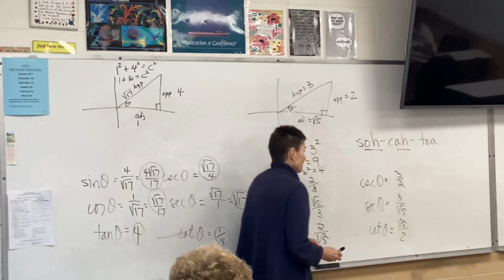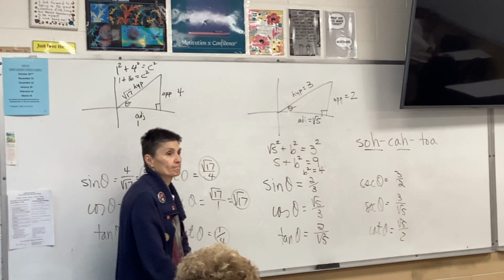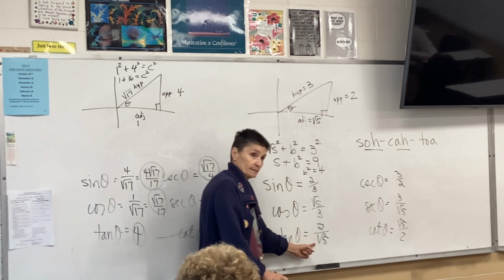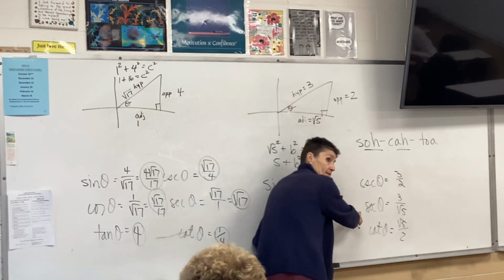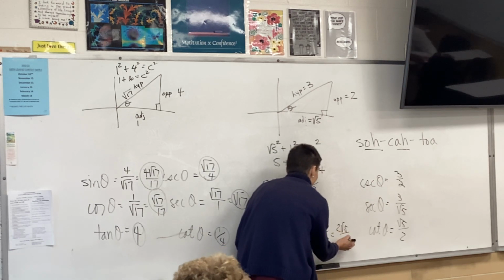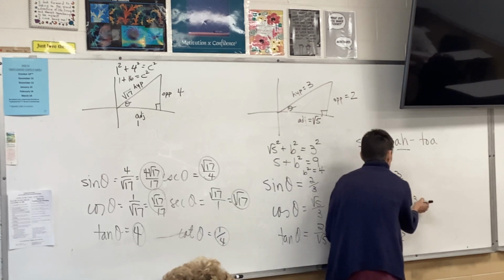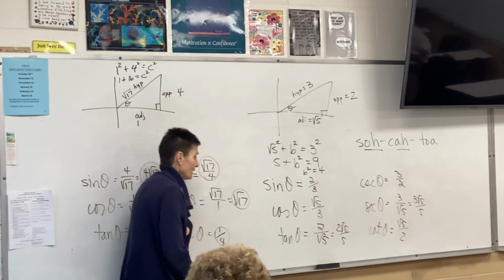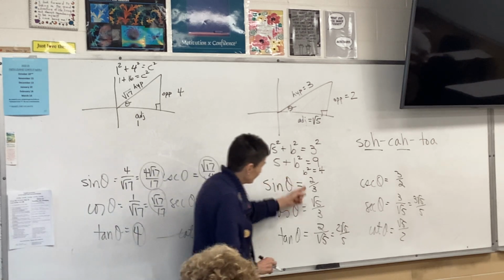Now which ones need fixed? Tangent and secant. So 2 root 5 over 5 and 3 root 5 over 5 are our answers. These are our final answers here.